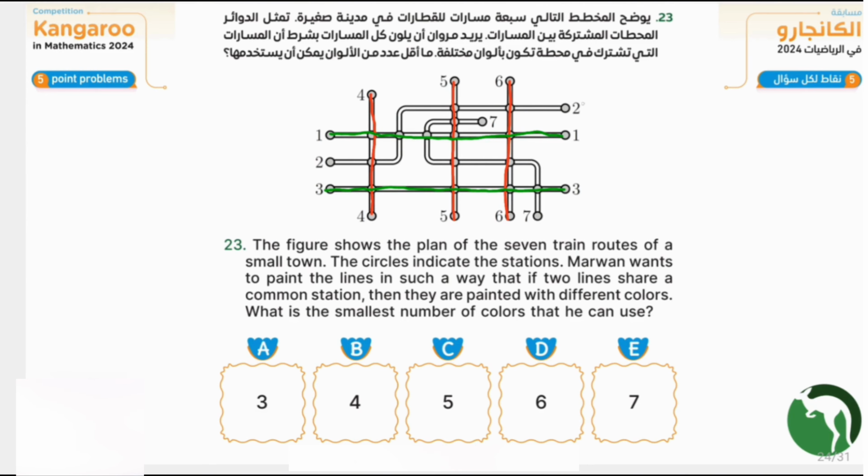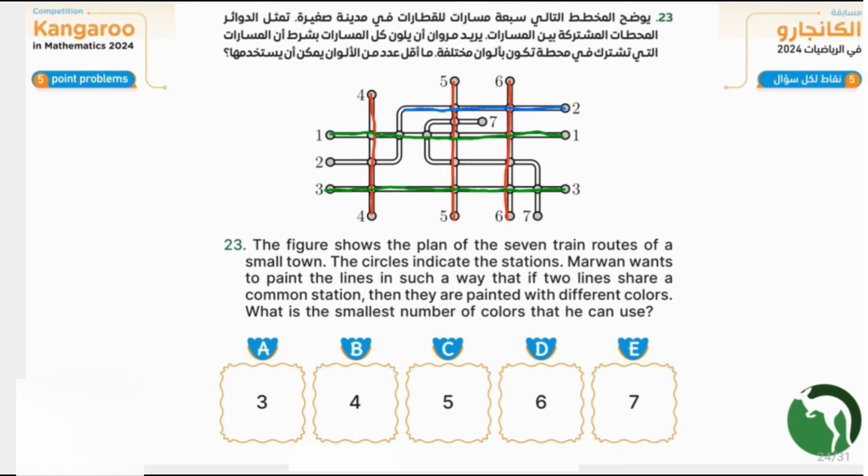Now I still have the line number 2 and the line number 7, and because number 2 and 7 are crossing more than one color, I should use a different color here, because 2 is going through 6 and 5, and they are red, and through 4 also, and it is also crossing the line 1, and 1 is green, so I should use a different color.